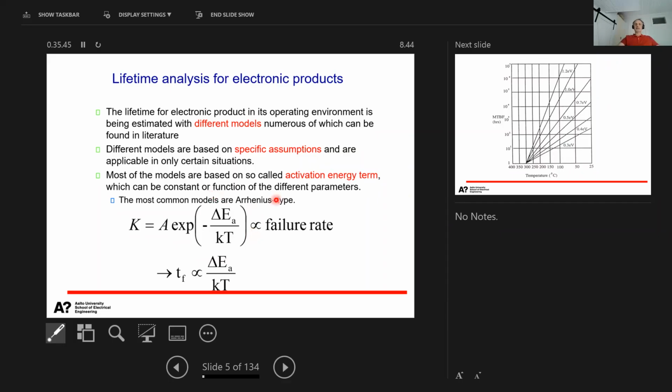This was originally formulated by the Swedish physicist Svante Arrhenius, and therefore we call these equations Arrhenius type equations.